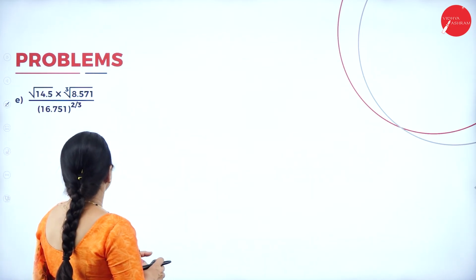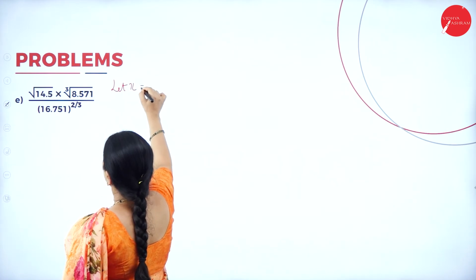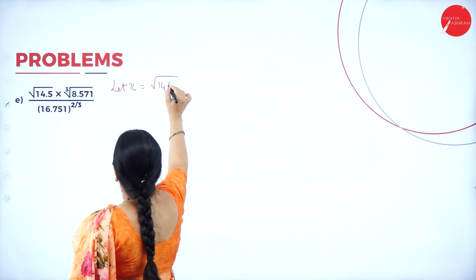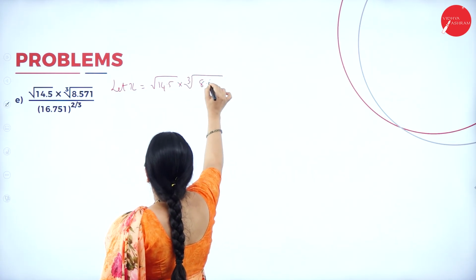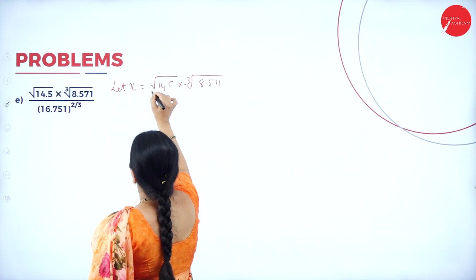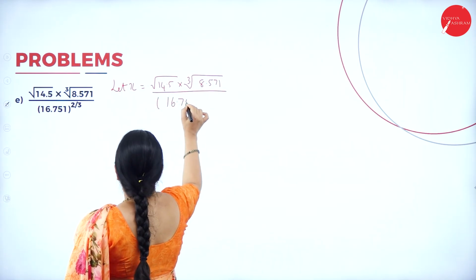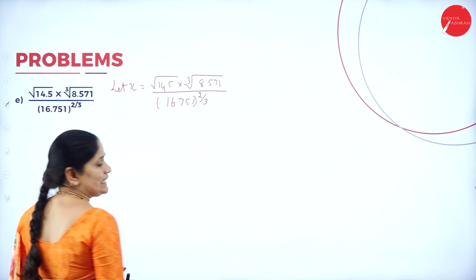Now the next problem here, let x be equal to root of 14.5 into cube root of 8.571 whole over 16.751 to the power of 2 by 3.